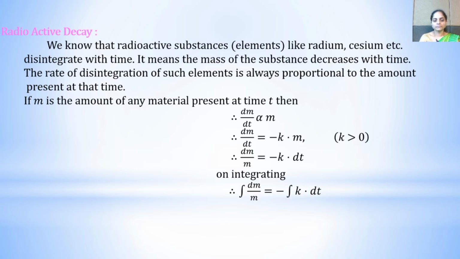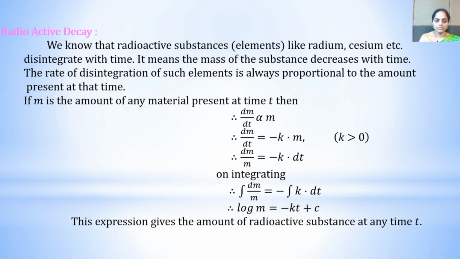We get integration of dm by m is equal to minus integration of k into dt. We know that integration of 1 upon x dx is equal to log x and integration of 1 dx is equal to x. Therefore, log m is equal to minus kt plus c. This expression gives the amount of radioactive substance at any time t.